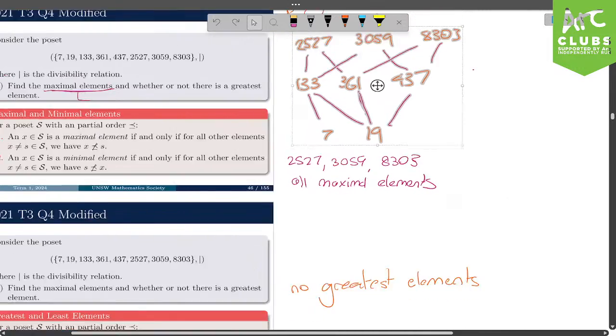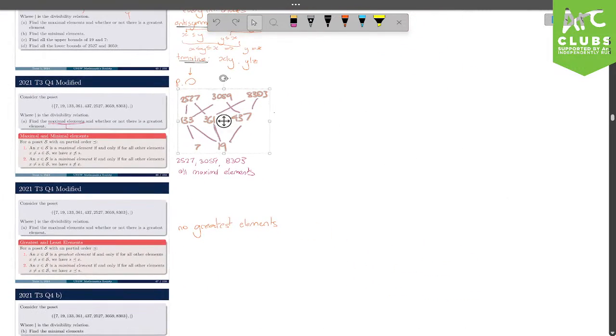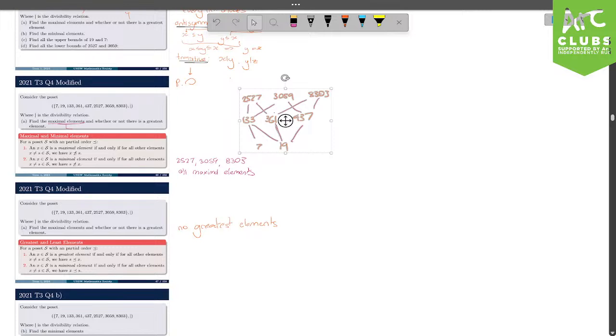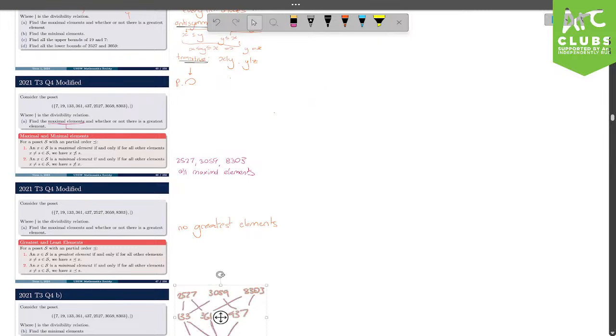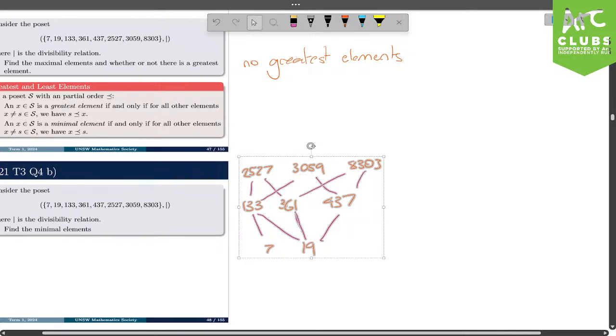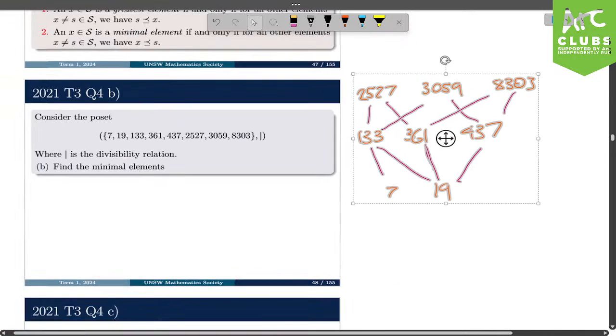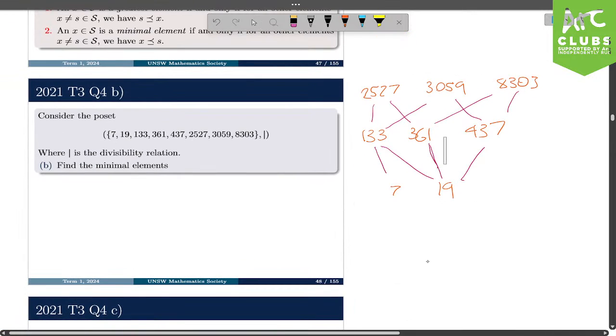Maybe zoom out. Oh, okay, that's better. All right.